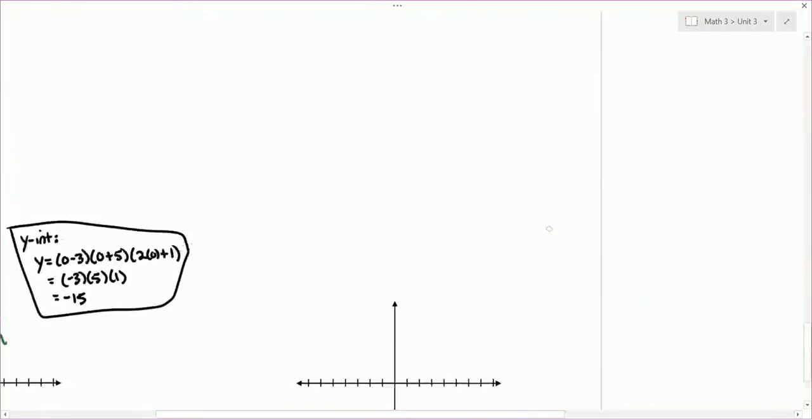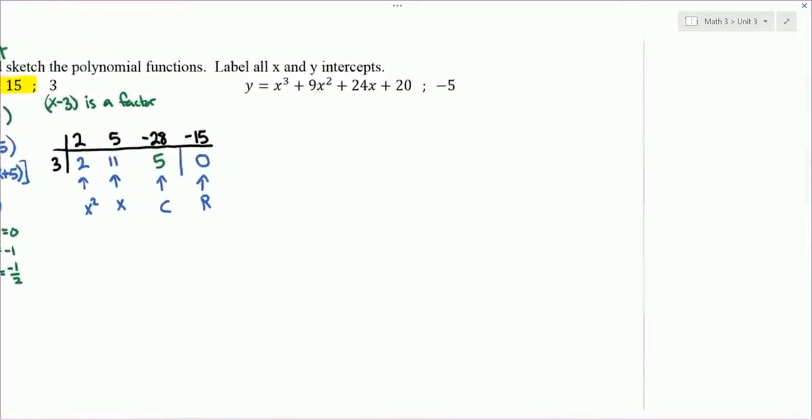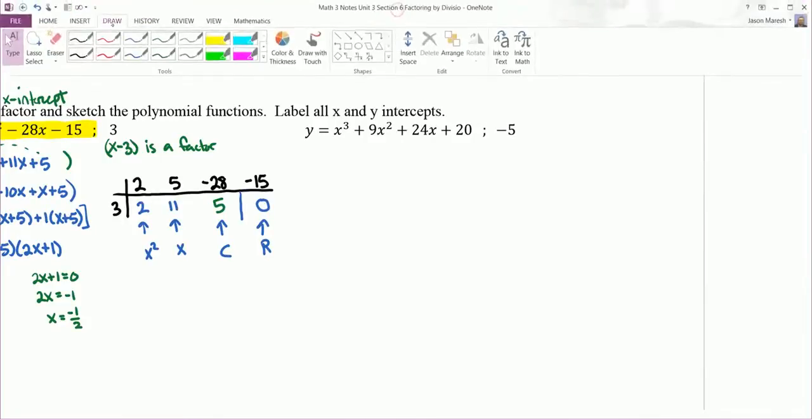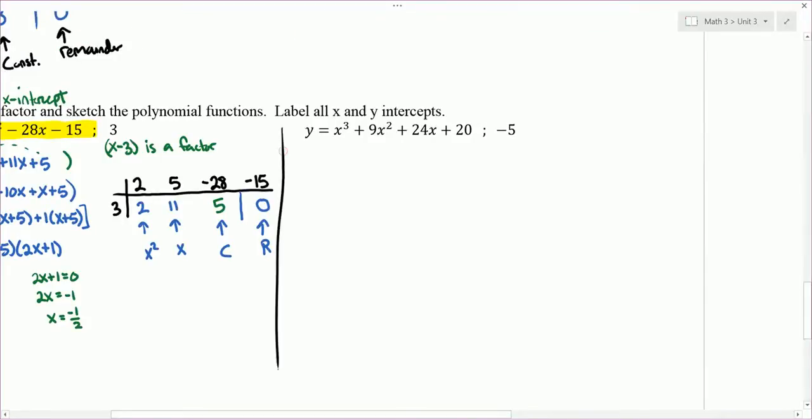Okay, our last problem here. I'm going to do this one in a different order. First, I'm going to get the end behavior. So we see the degree is 3. The leading coefficient is 1.